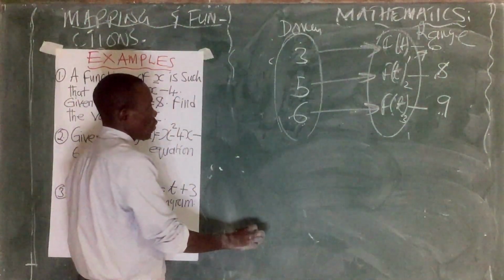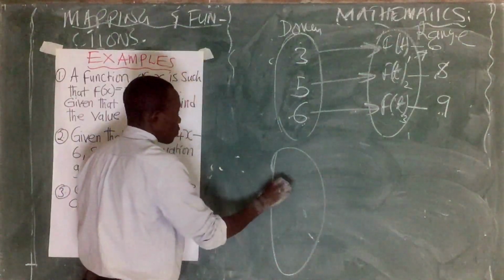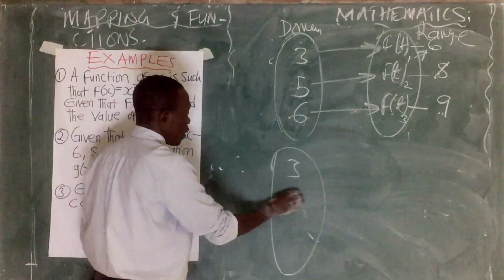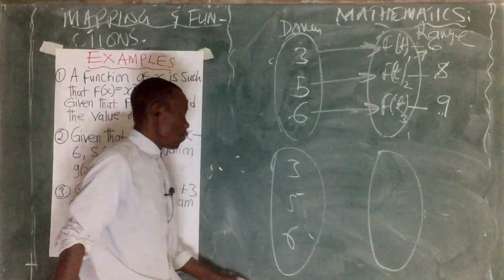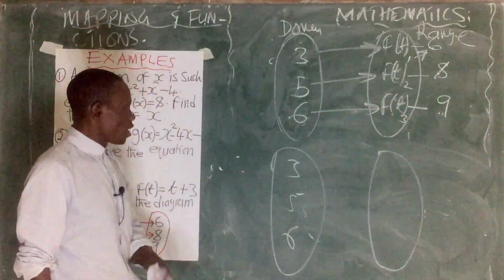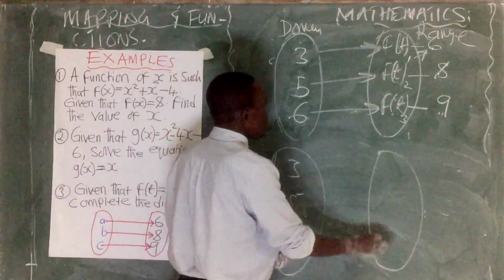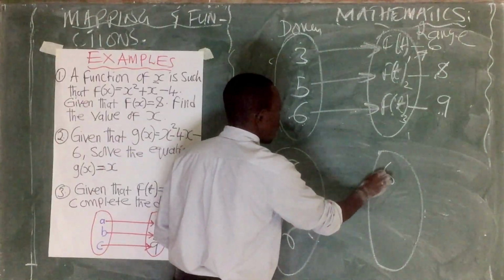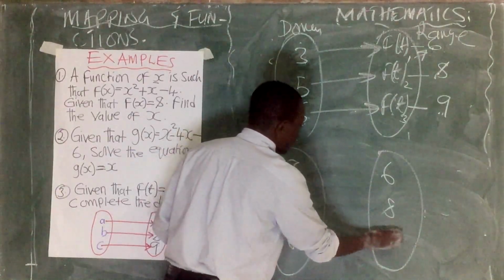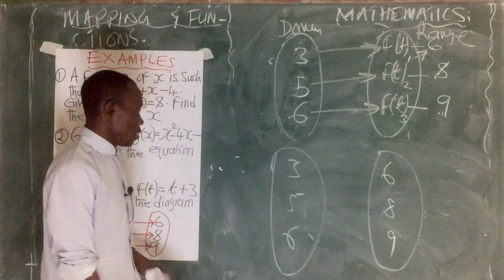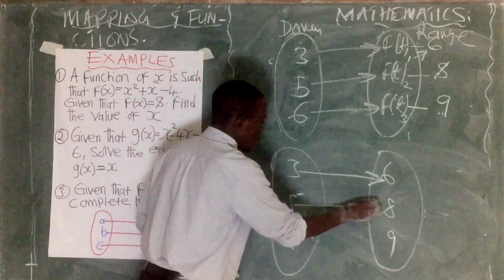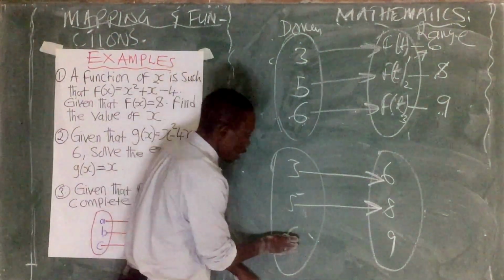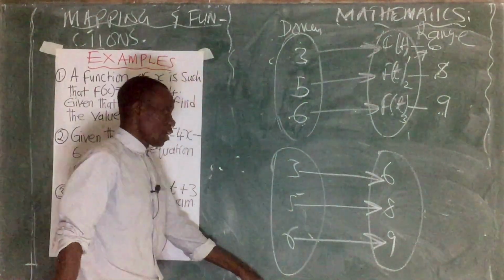So you have your arrow diagram represented like this. 3, 5, 6 is the set of the domain, right? Which has to correspond to the set of the range, which has members like 6, 8, 9. That's what we have obtained. So it's like 3 maps onto 6, 5 maps onto 8, and 6 maps onto 9.